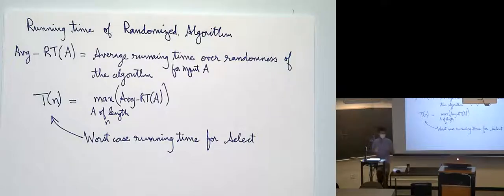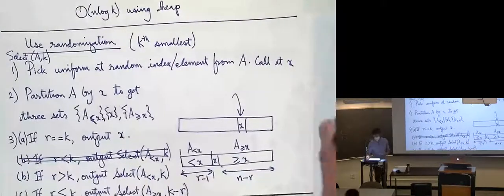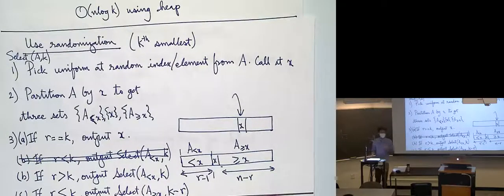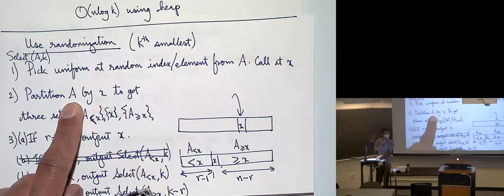So imagine the experiment is, I fix my array, and I just run this over and over again. I say, what is the average runtime that I get? And I say, what is the worst this could be over all possible inputs? Is this clear?